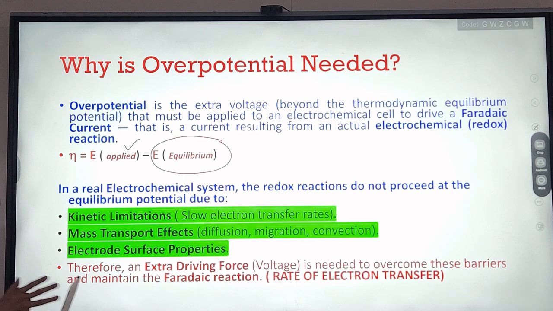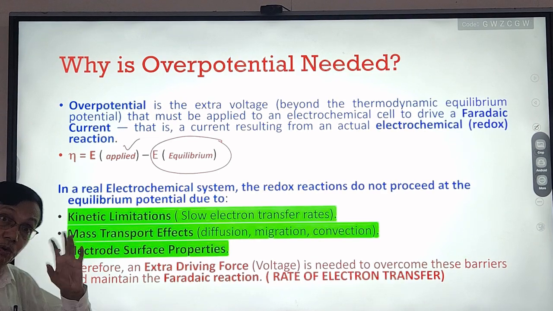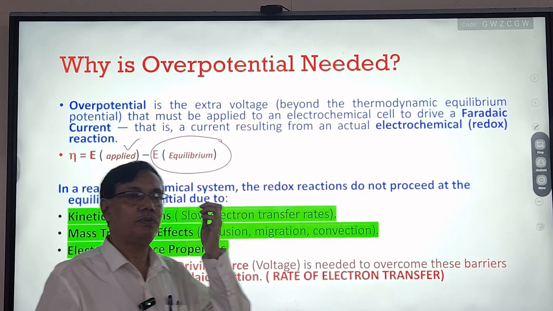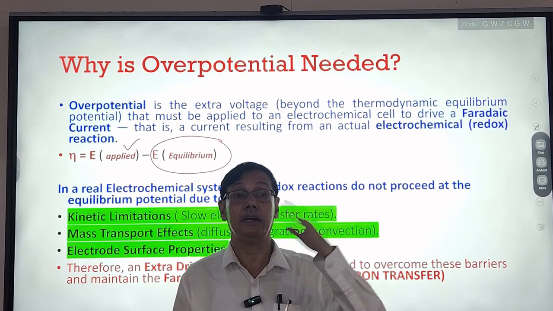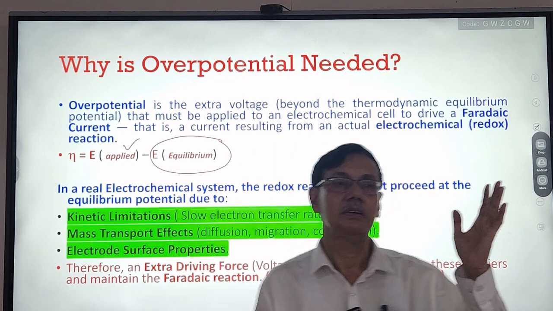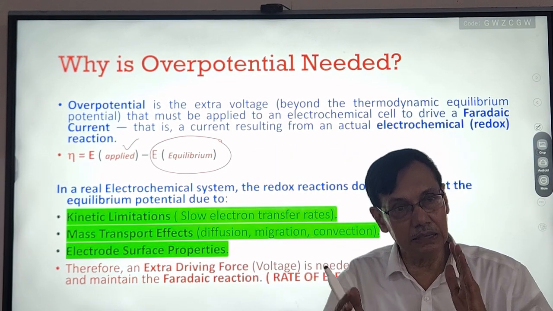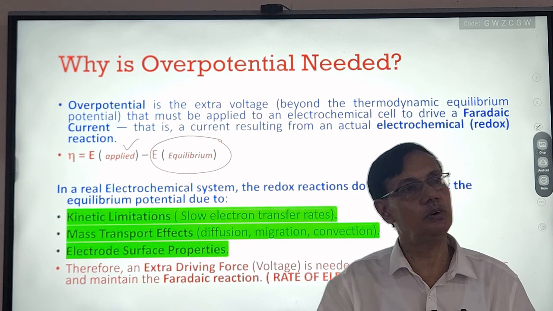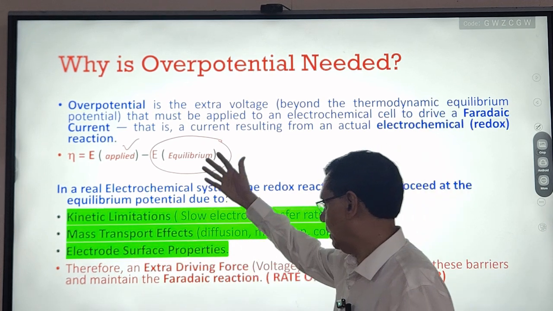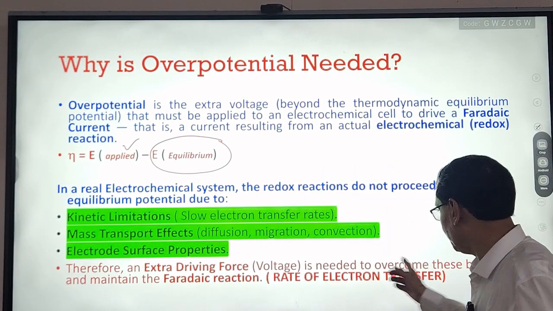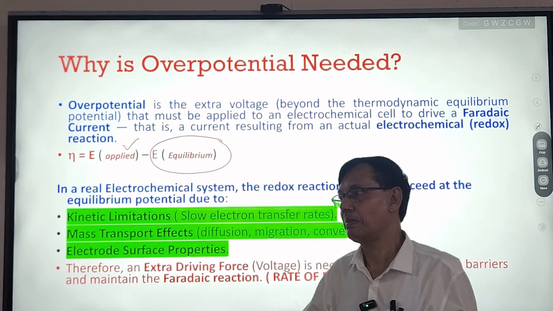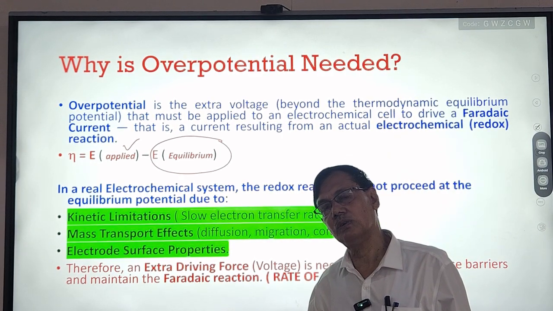Then there is mass transfer, maybe diffusion होगा, migration होगा, concentration होगा, potential होंगे, electrode surface properties. If I ask you what the different factors of overpotential are, there are many: temperature is one, solvent is one, the material of the electrode is one. ऐसे बहुत सारे factors हैं. इसलिए extra driving force is needed to overcome these barriers. तो इसलिए overpotential को तो देखना ही पड़ेगा.